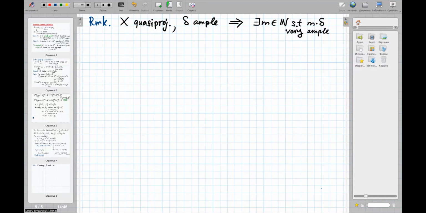So why don't we choose a very ample one? Well, you may choose. I mean, this is just how I formulated it. You may choose delta to be very ample at the very beginning, if you like. No problem.